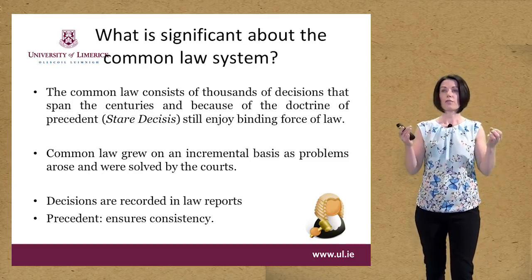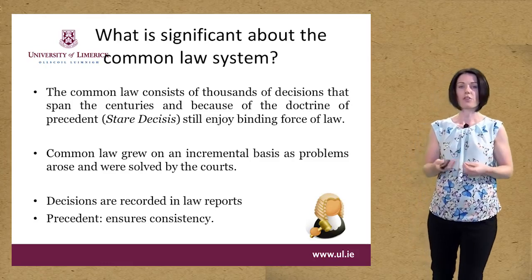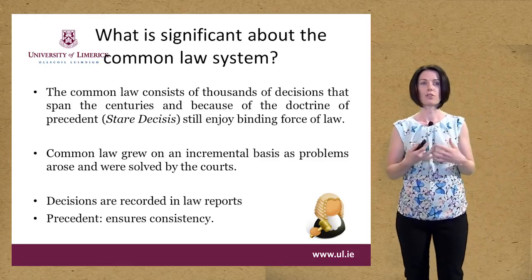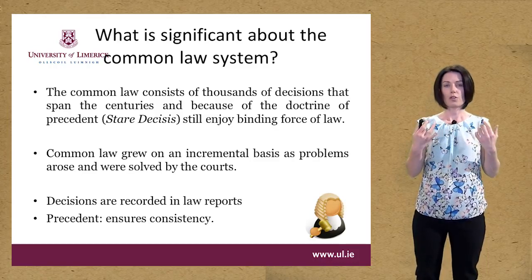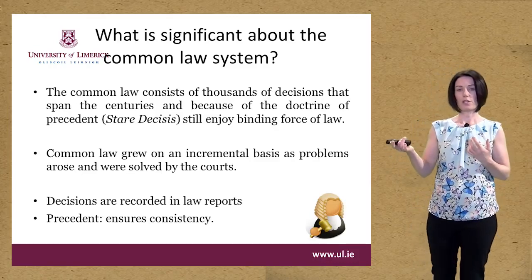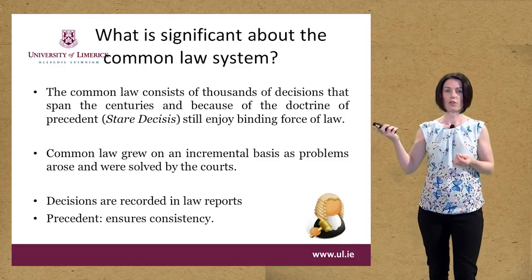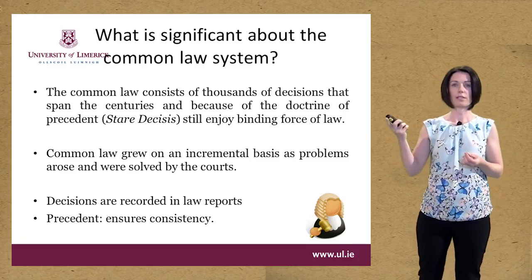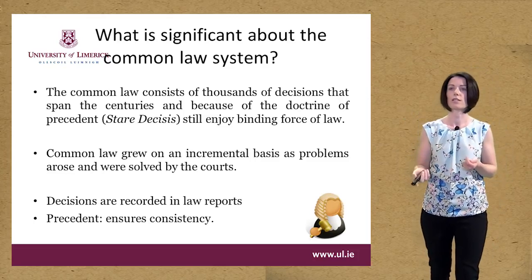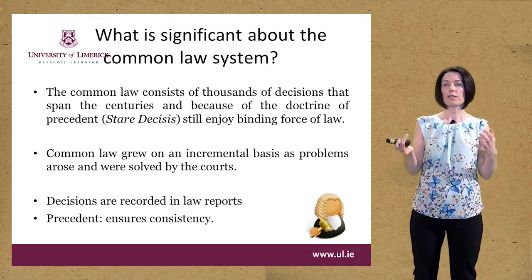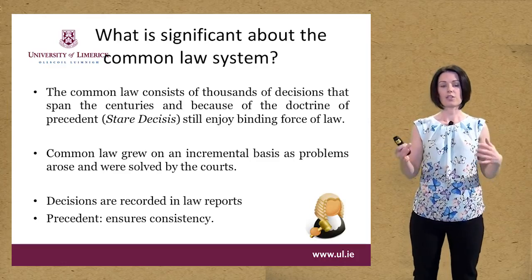The importance of stare decisis, or the doctrine of precedent, is another topic that I will be discussing in another lecture. So you can have a look for the lecture on the doctrine of precedent also, where I'll go through the principles of stare decisis in more detail. But for now, the significance of the common law system is that it is judge-made law.